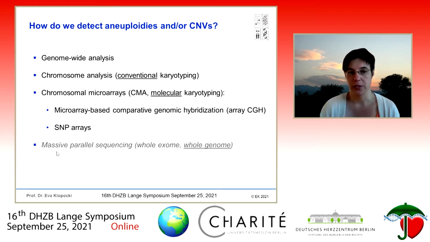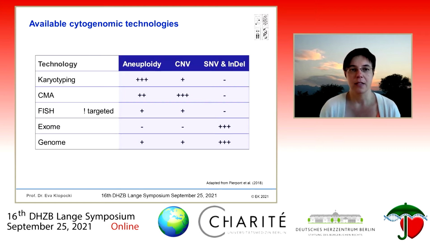Recently, we have the possibility to perform massive parallel sequencing. So you all know whole exome or whole genome, and especially whole genome will catch up, but so far it's not in routine diagnostics. These methods are available, and I point out here the possibilities and also the limitations. So you see from this table that none of these methods can actually detect all the aberrations.